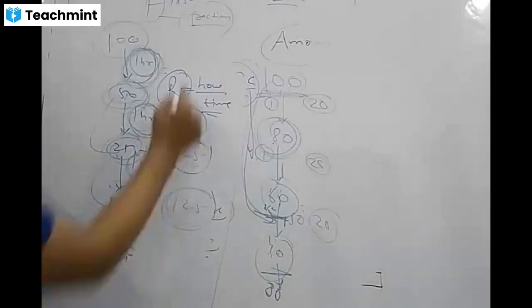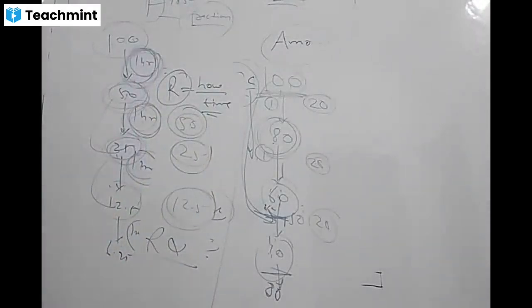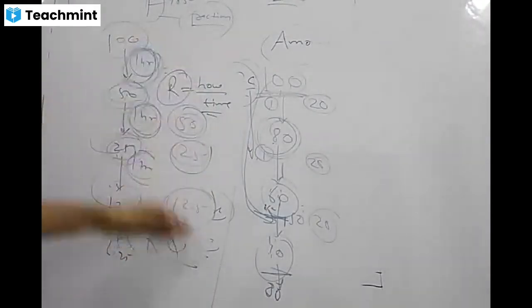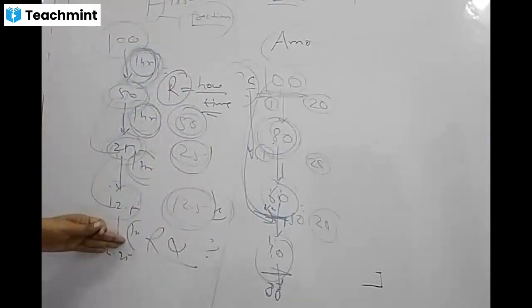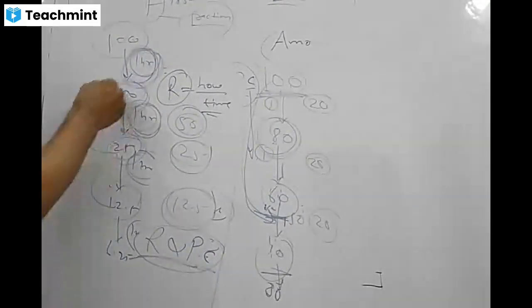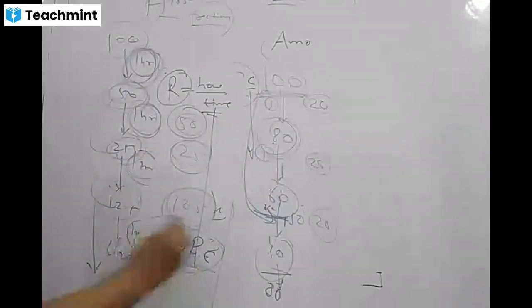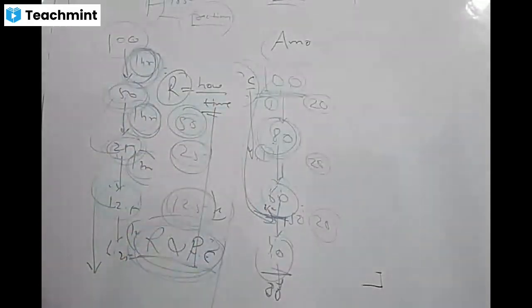Every time the rate of elimination is decreasing parallel with the plasma concentration. So we can say rate is directly proportional to plasma concentration, as this is decreasing, 50 to 25, so this is also decreasing. So rate is directly proportional to plasma concentration in case of first order kinetics.